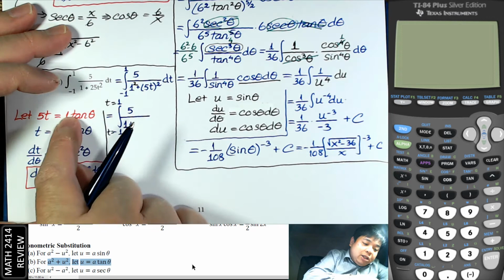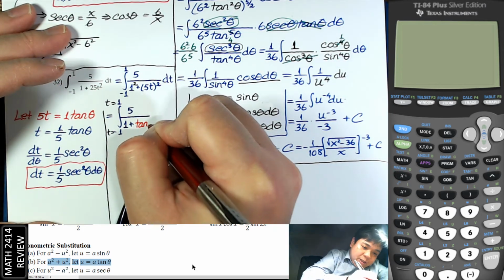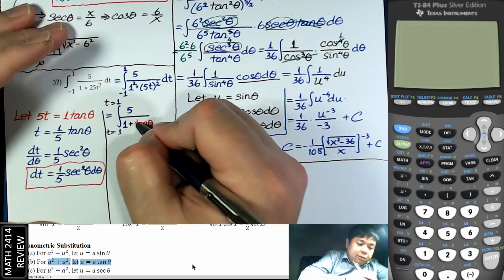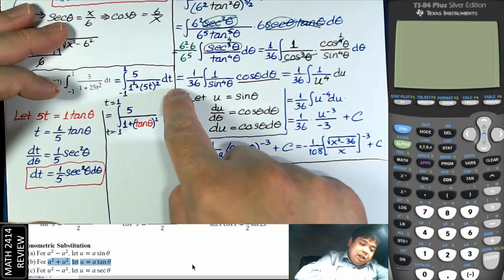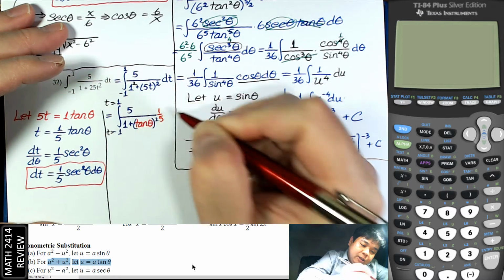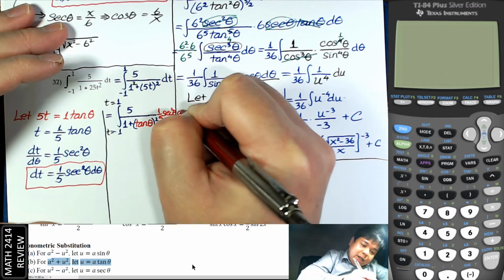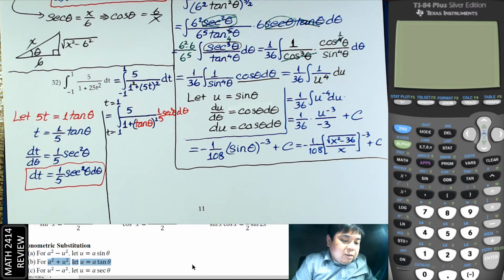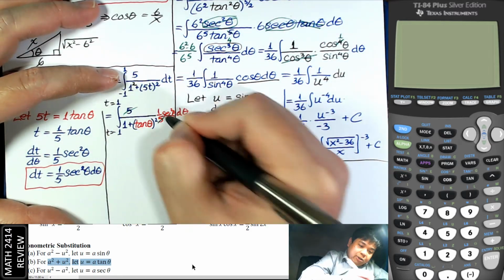5t is going to be tangent, so this is just tangent. dt is 1/5 secant square d theta. Right, 1/5 secant square d theta. The 5 and 5 cancel here.